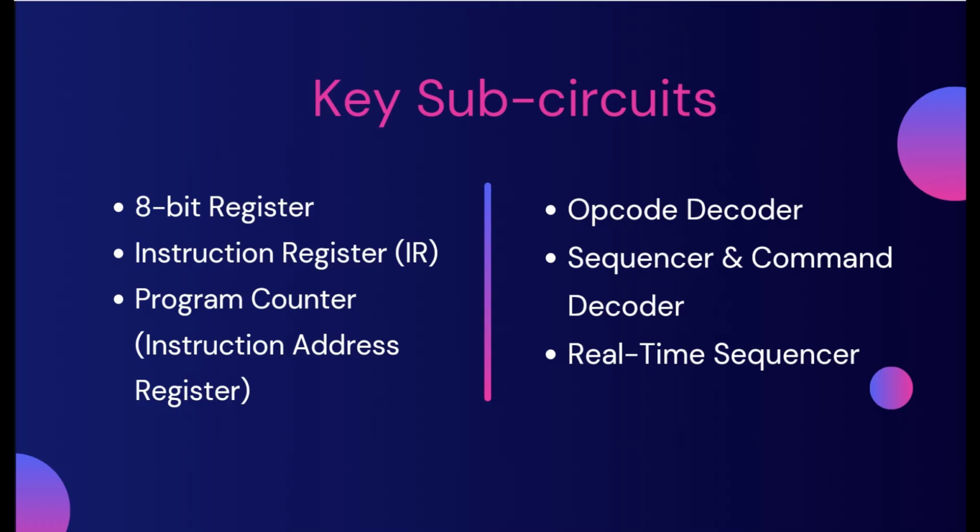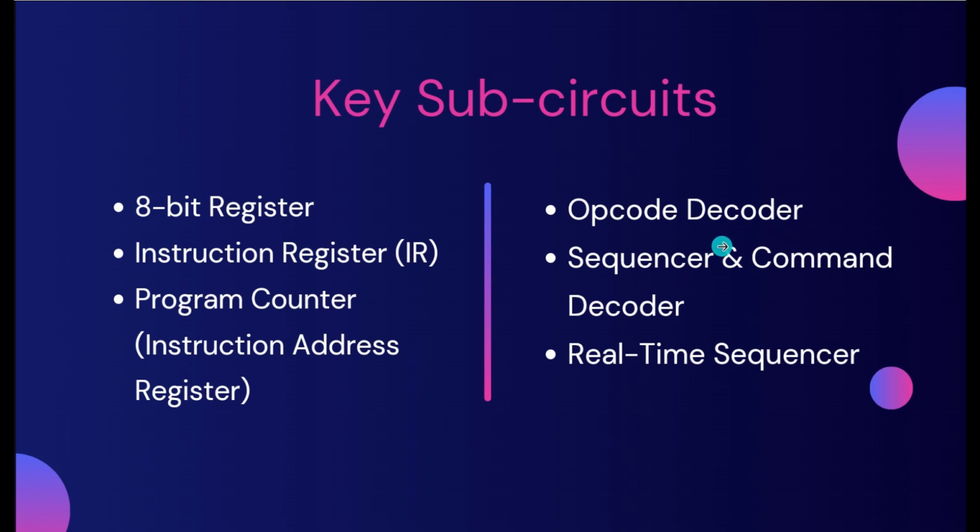Now I will explain the key subcircuits of our CPU. The 8-bit register temporarily stores data during processing. The instruction register, or IR, holds the current instruction after it is fetched from memory. The program counter stores the address of the next instruction to be executed.